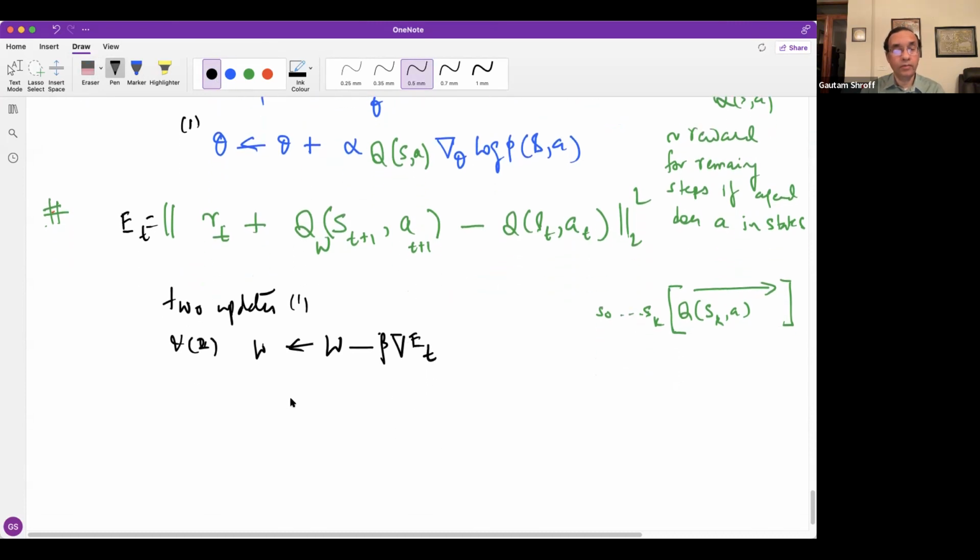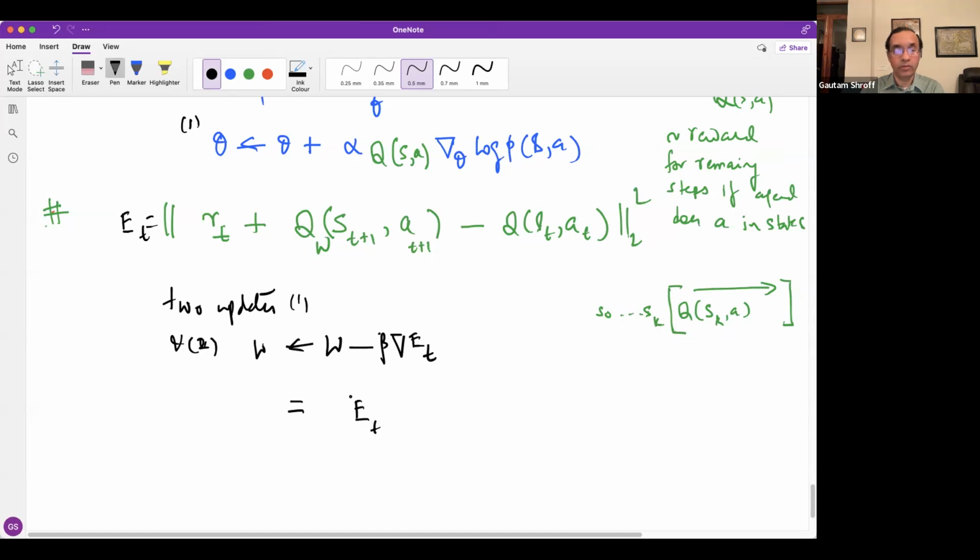What is the gradient of this guy? Well, what is the gradient of this guy? Come on. It's just this guy, E_t, times what? Well, what you do is you only take the gradient with respect to this neural network. You don't take both. I'll just come to that in a minute.